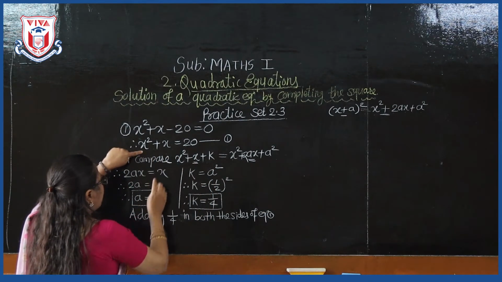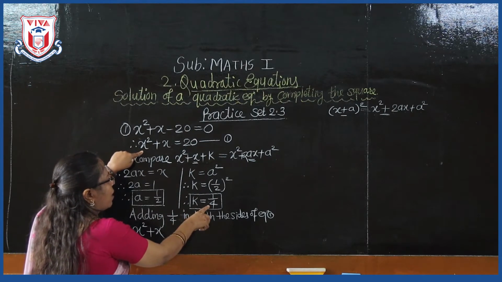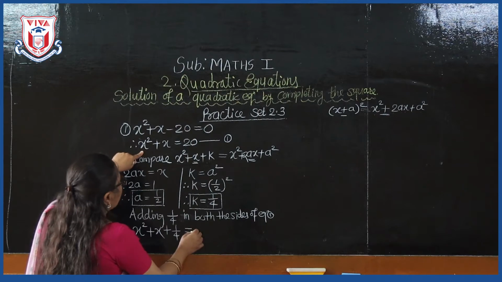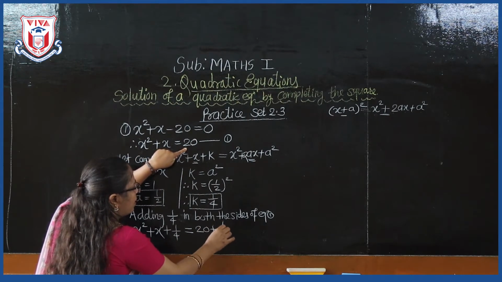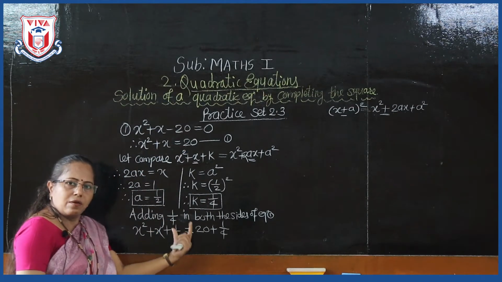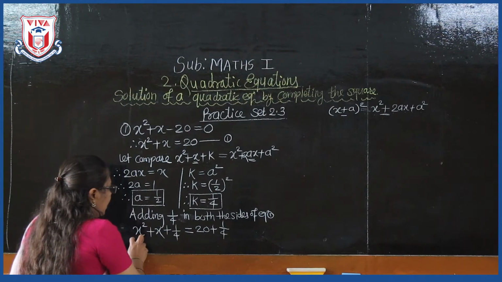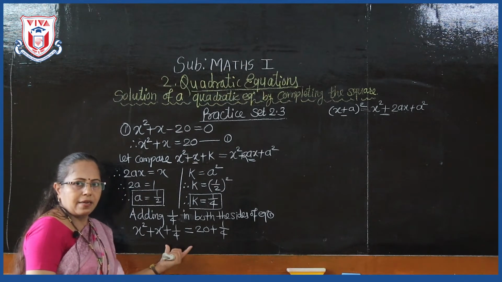So the left hand side of the equation is x square plus x. Which number we have to add? 1 upon 4. Equal to 20 plus 1 upon 4. Follow this step. Okay. Now here the left hand side we converted into a complete square.